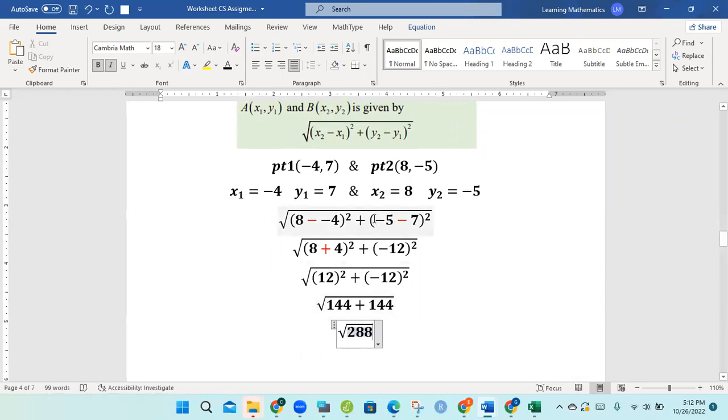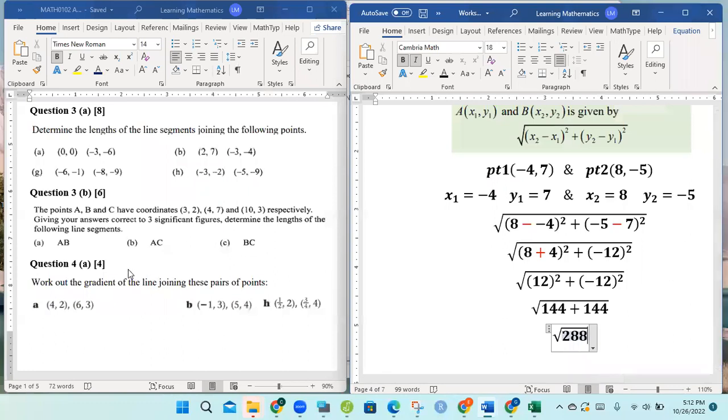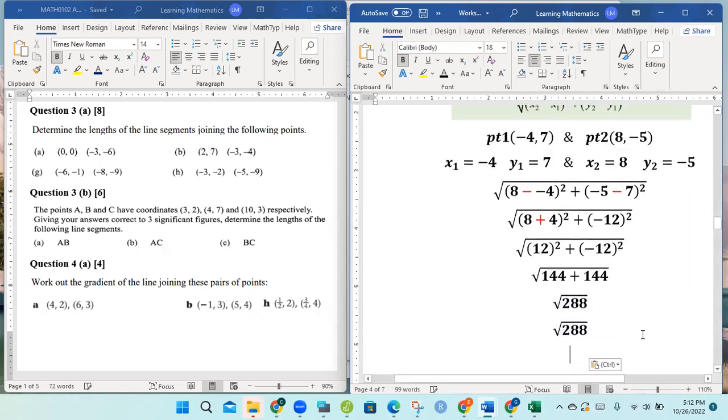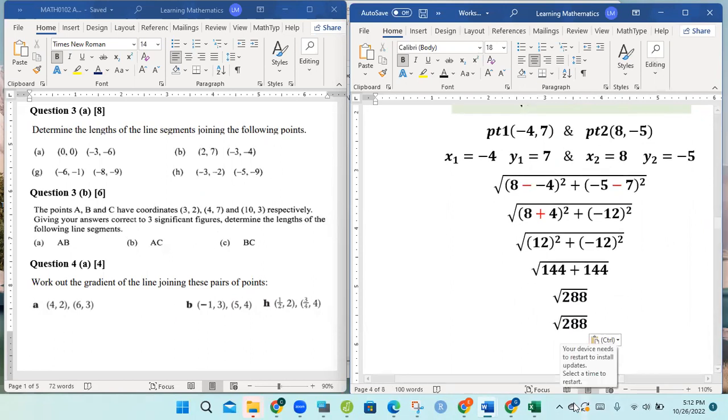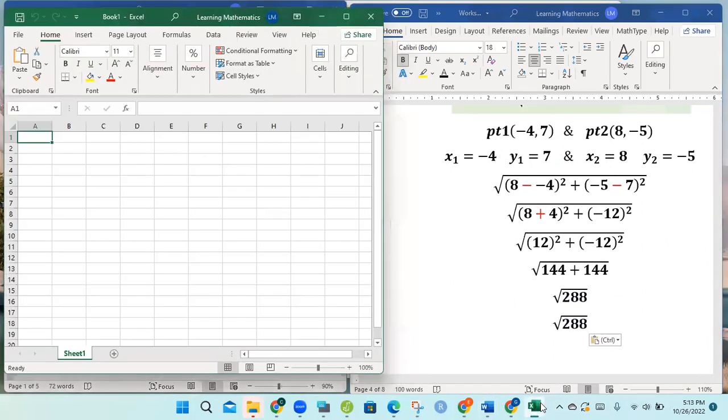So let's see what the question says with regards to the decimal places. Determine the length of the line segments joining the following points. It did not specify how many decimal places. So let's put it to, let's say, 3 decimal places. So we have to find the square root of 288.